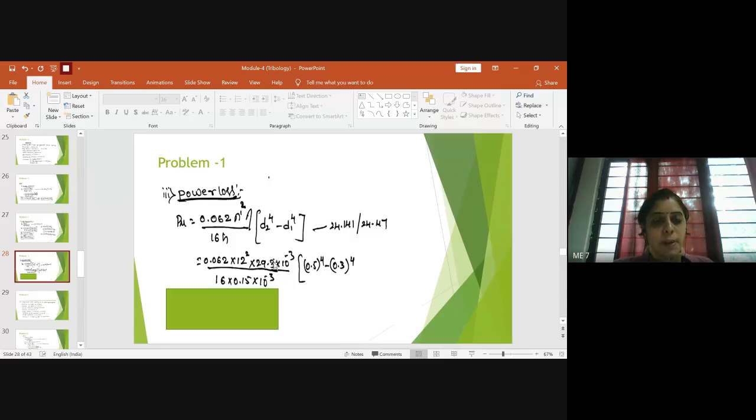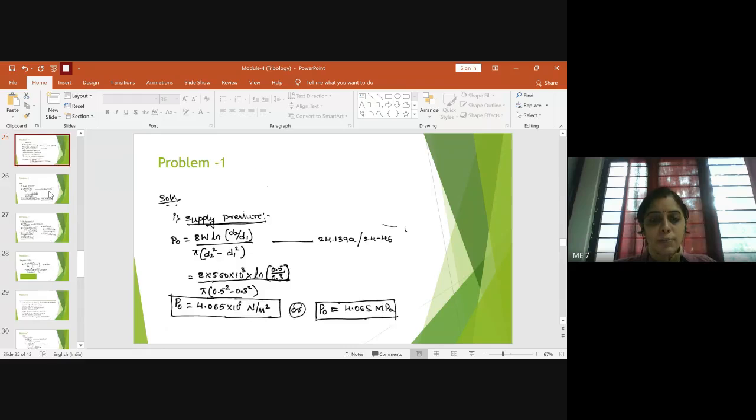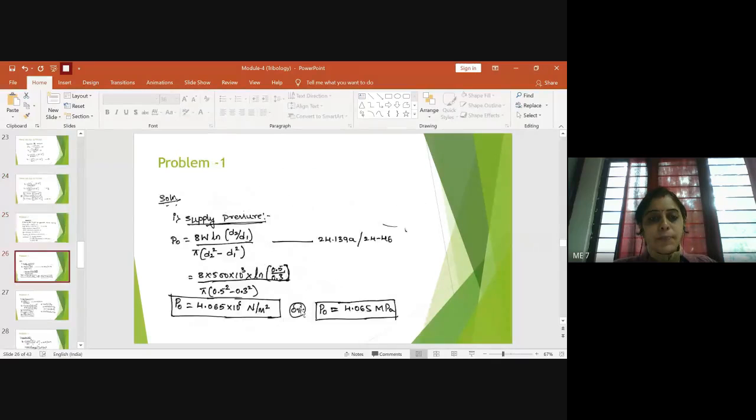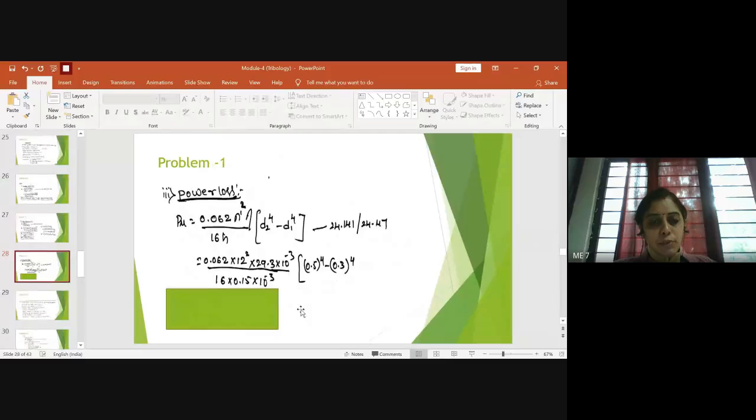If you remember the power loss equation we derived for friction, it is the same thing. If you brush up, this was the equation we derived for power loss due to friction, and the same equation is now being used to calculate the values.